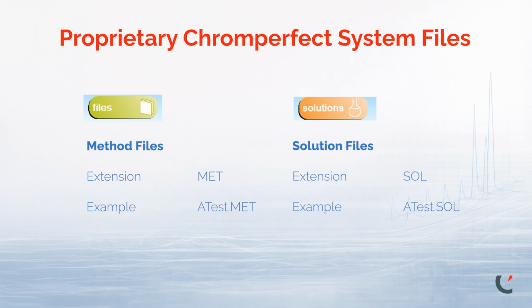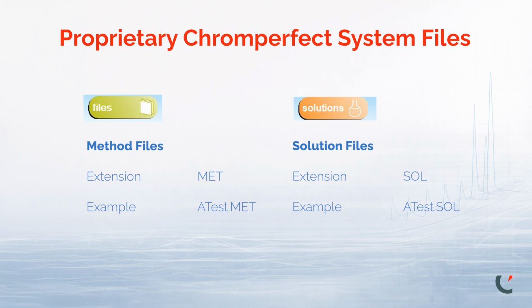In some environments, configuration is managed through solution files with the extension .sol. A solution file is used instead of a method file. It functions identically, however, it packages the previously mentioned external files, such as reports and calibrations, internally. It provides an alternative way of organizing method-related settings in structured systems.